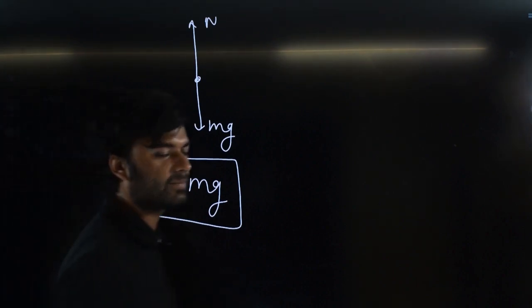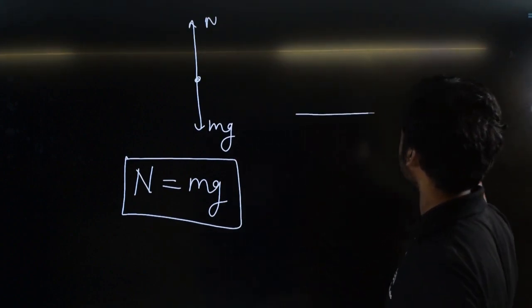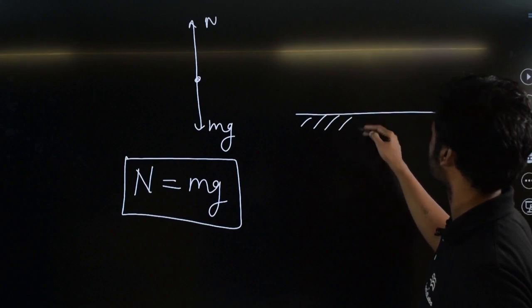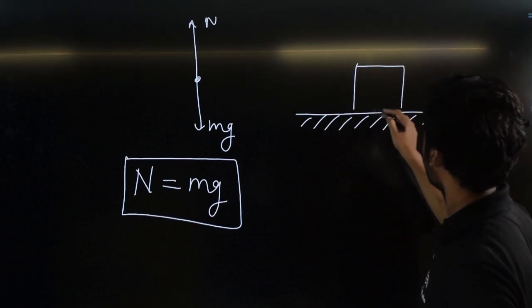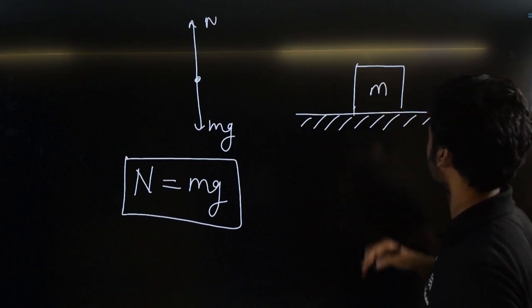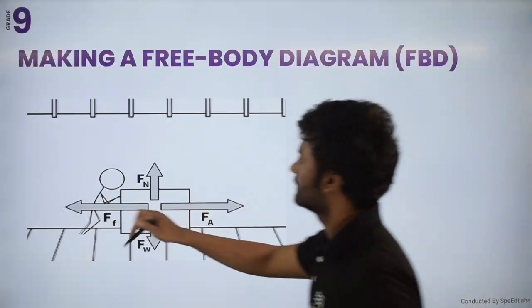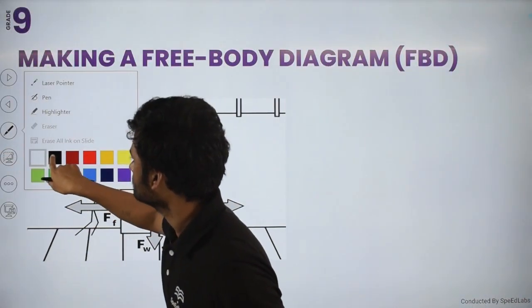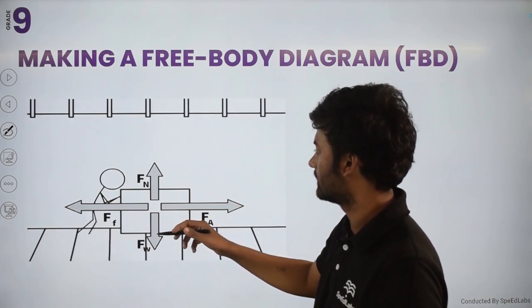Now I can give you a good example. Suppose, let's say there is a rough surface in which a block of mass m is kept, and there is one boy. We can consider this as a good example.